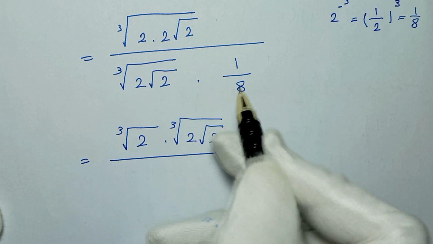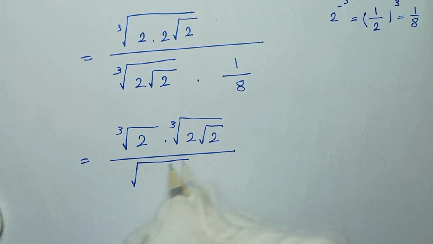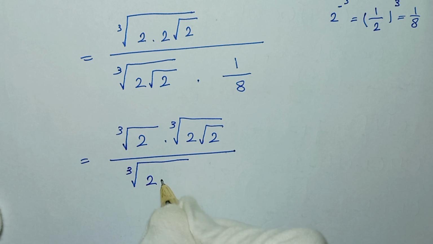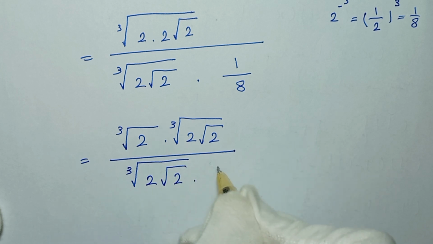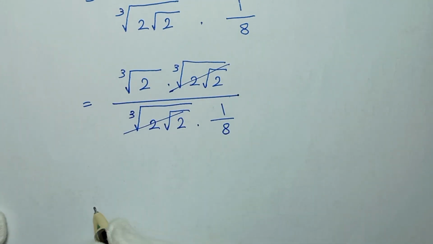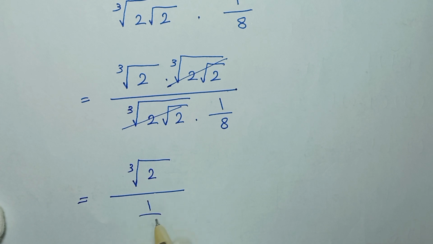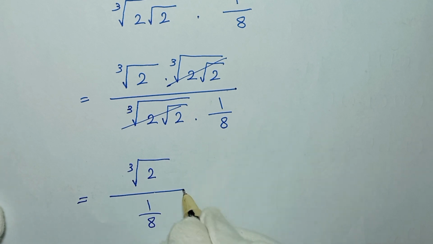And in here we have cube root of 2 times square root of 2 times 1 over 8. In here, this will cancel this, so it will be cube root of 2 over 1 over 8.